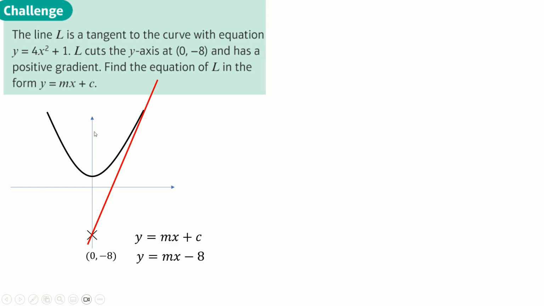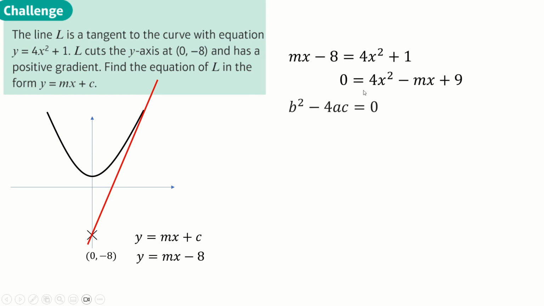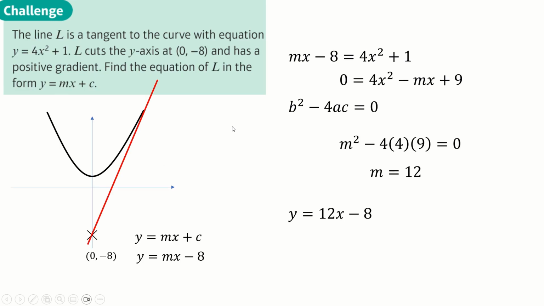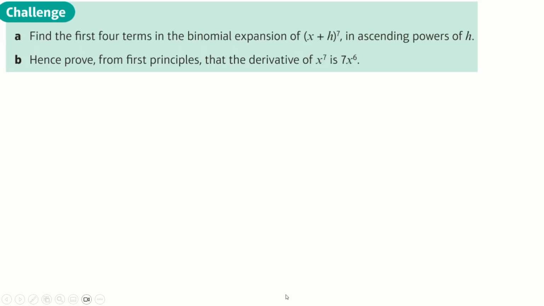So I just set this equal to this, and then said b squared minus 4ac must be 0, and therefore I can solve for m by setting up that equation, which gave me m was 12. Of course, it could be minus 12, but because positive gradient, you just put this thing in here. So yeah, no differentiation required, which is kind of interesting. I also think even if you did use differentiation, this is probably easier. I don't know.